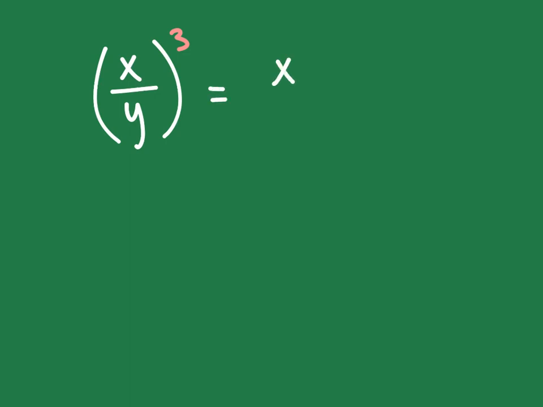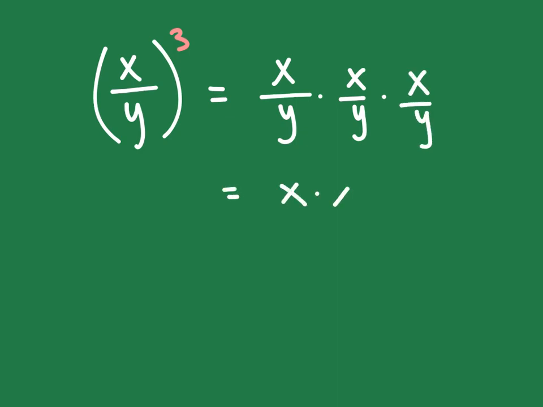Let's say that you have x over y, raising that to the 3rd power. Well, we can write this as x over y times x over y times x over y. We can write this then as x times x times x in our numerator, divided by y times y times y.